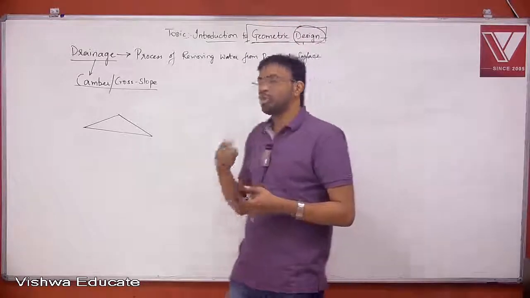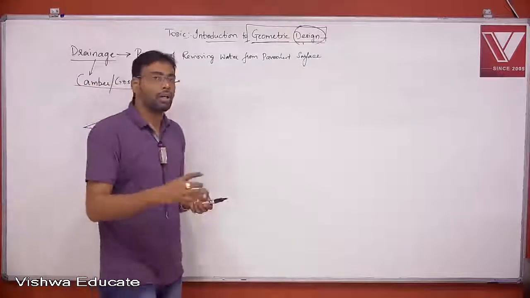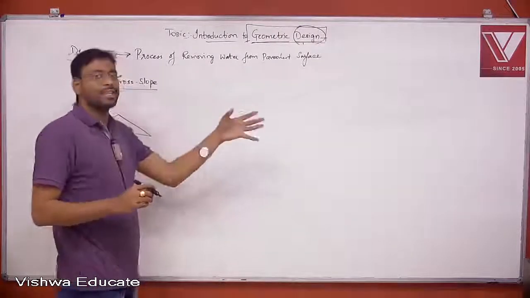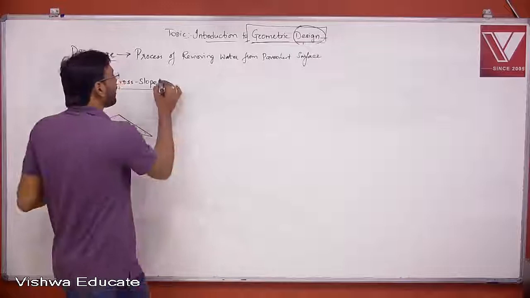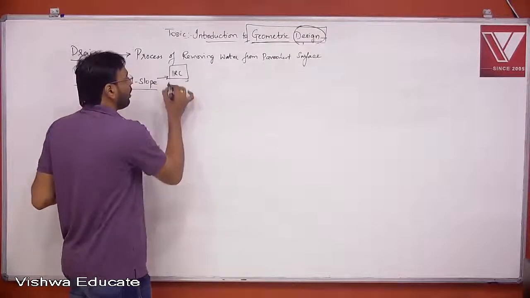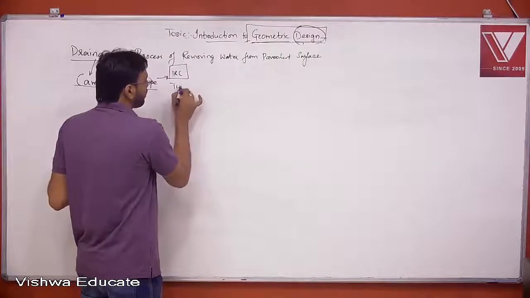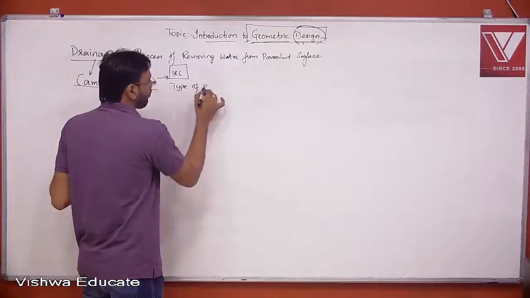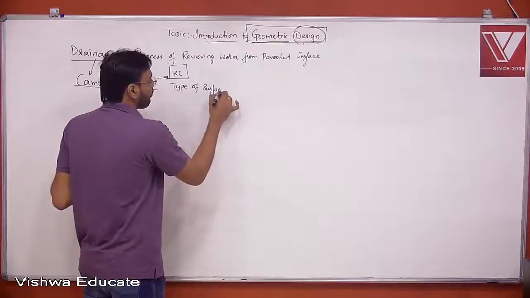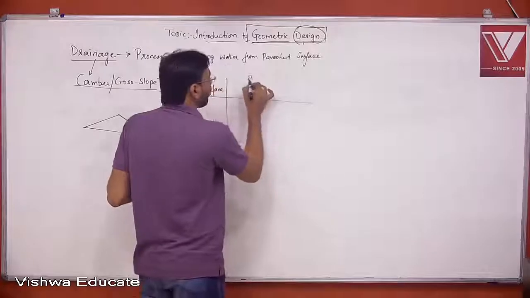So these are the two major factors influencing the camber or cross slope. Based on these two factors itself, IRC has given a table of type of surface and rainfall.